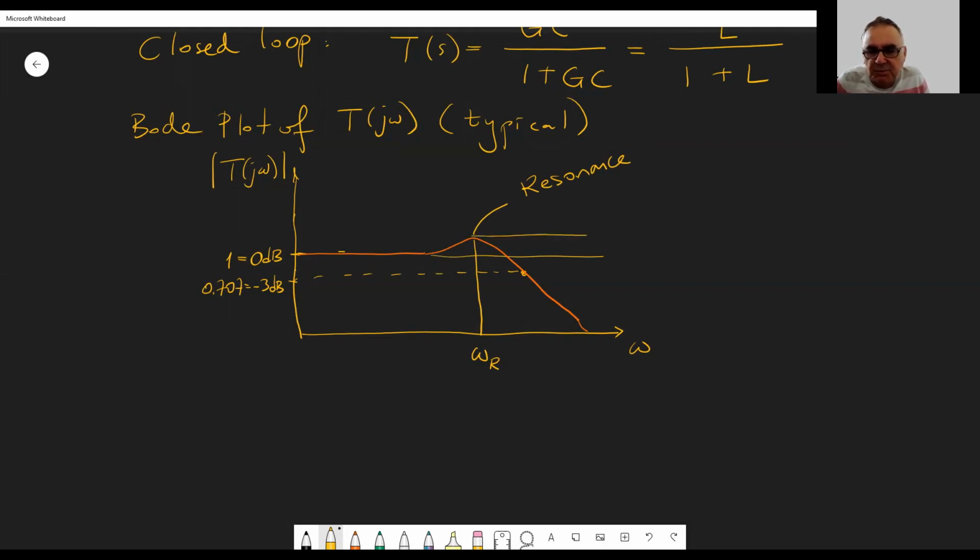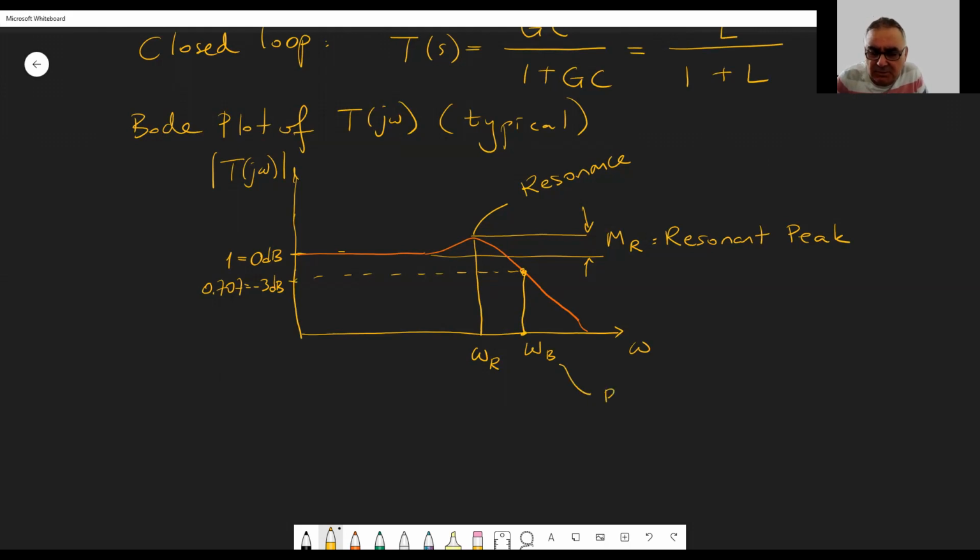So the difference between here and here is called the MR. And secondly, the point at which your frequency response crosses the minus 3 dB point, where the power of this signal or the system goes to its half, that's how it is defined.